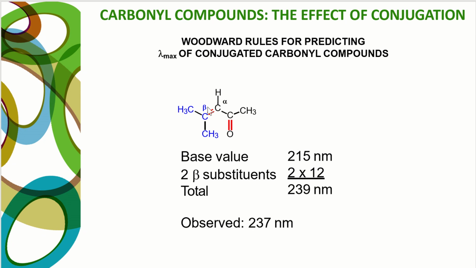In this case, we have no substituent on the alpha carbon. Here we have two substituents on the beta carbon, and so that's 2 times 12 plus the base value. Add them all up and we get 239 nanometers, which is extremely close to our observed value of 237 nanometers.